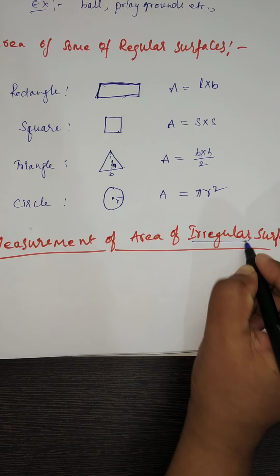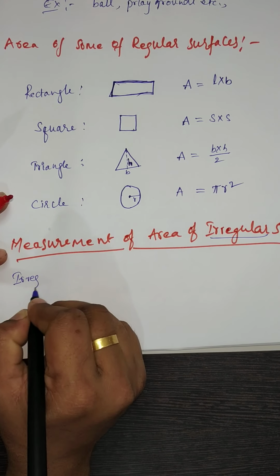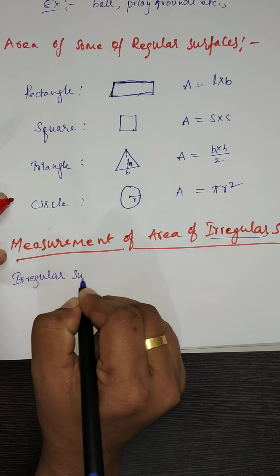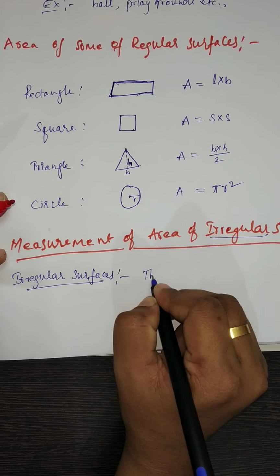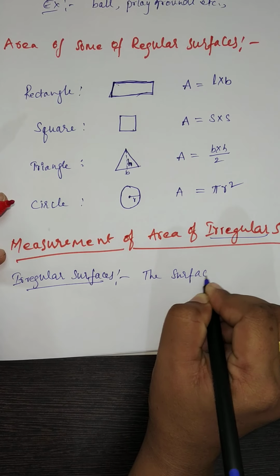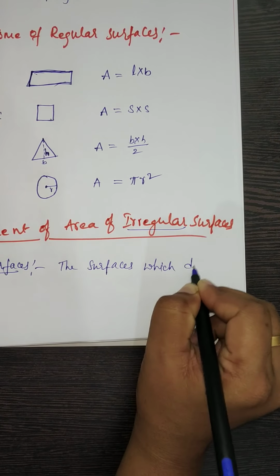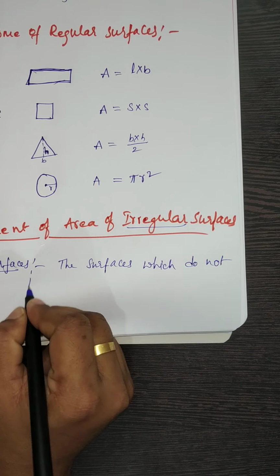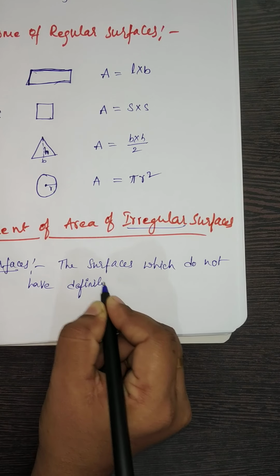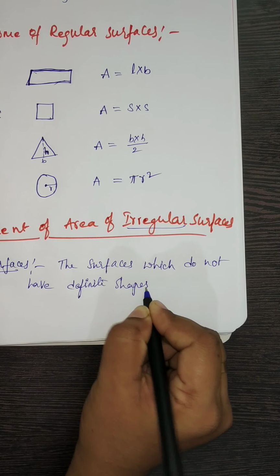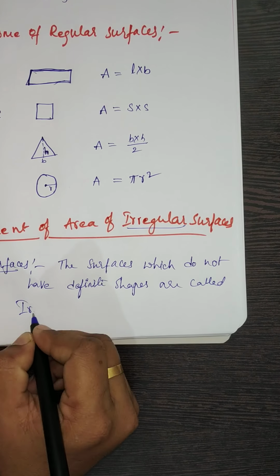Irregular surfaces means the surfaces which do not have definite shape are called irregular surfaces.